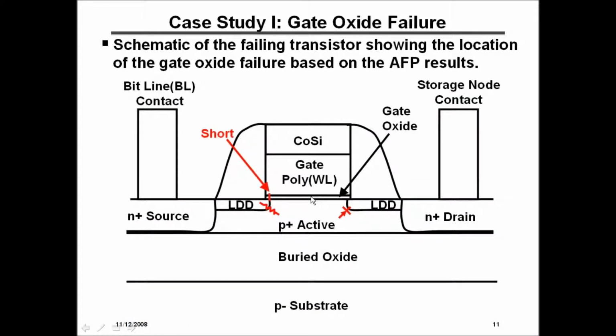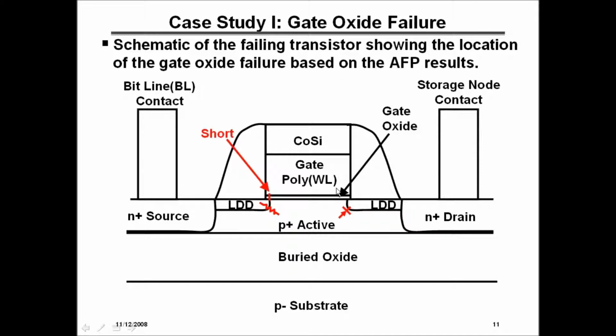And then there were additional bits that had the gate oxide failure in the middle of the channel, and you would see when you swept the gate to the source and the source to the drain, you would see the diode sweeps for both of these. So you could tell exactly where your gate oxide failure was occurring, whether on the source side, the drain side, or the middle of the channel.